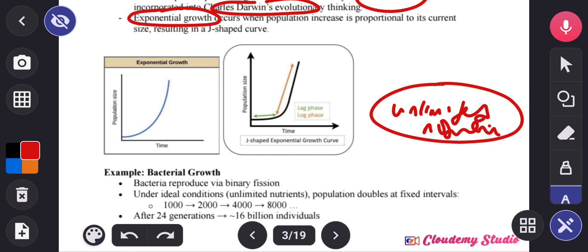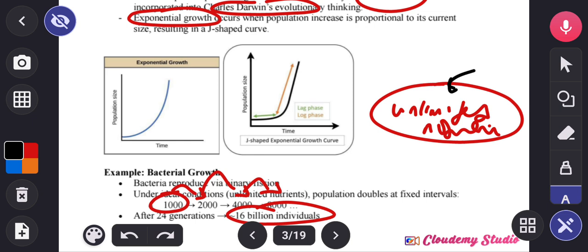So if we start with 1,000 bacteria, we divide to give 2,000 bacteria. 2,000 bacteria we divide to give 4,000 bacteria. 4,000 bacteria we divide to give 8,000 bacteria. Can you see? And after 24 generations, you are going to be seeing 16 billion individuals. So it is exponential growth because we supply them with unlimited nutrients. They have the nutrients that they need to grow. What is there to prevent them from growing? Nothing.